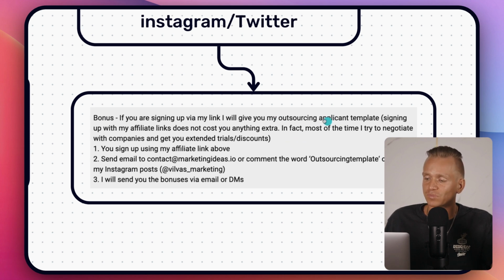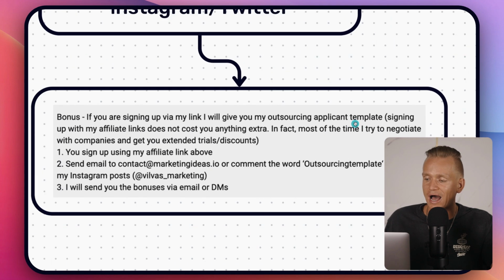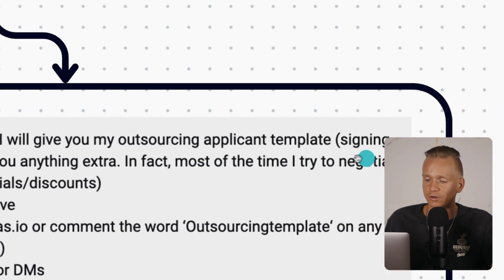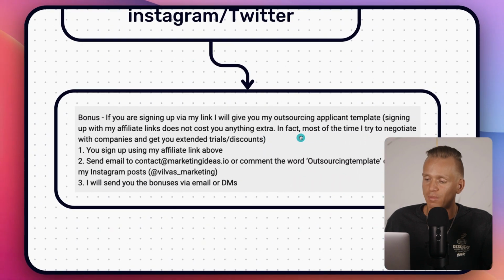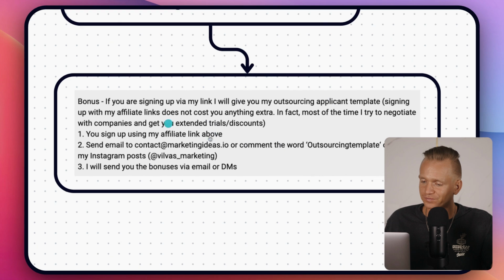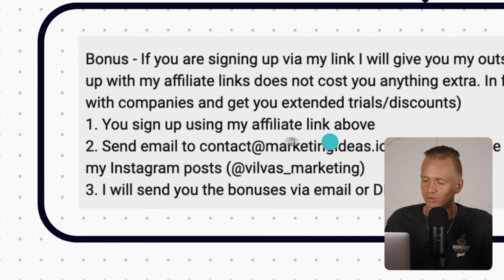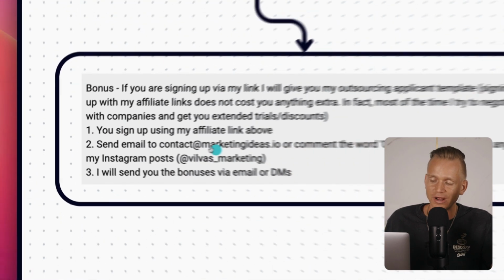So in here, this was for outsourcing. If you want to hire a virtual assistant or whatever, basically you sign up with my affiliate link, and here I have two different options.